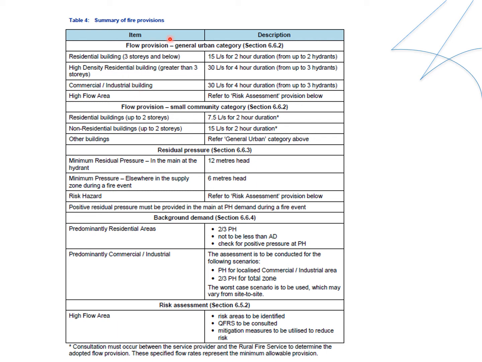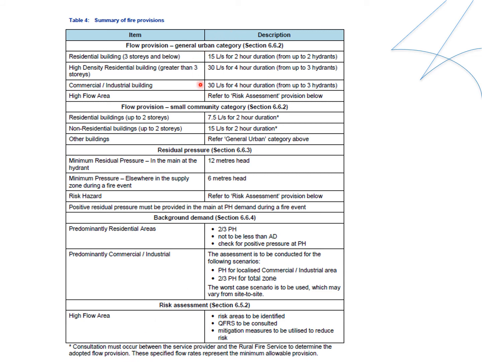So if you look at the table here, this shows in a residential area we need to draw 15 liters per second for 2 hours. Okay, that is the minimum allowable provision, and it says consultation must occur between the service provider and the rural fire service to determine the adopted flow provision.